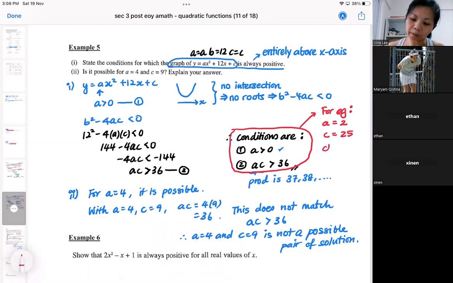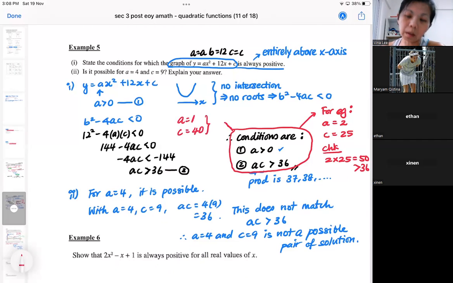And you can do a check. When you multiply, do you really get more than 36? So I can give A equal to 2, I can give C equal to 25. Maybe somebody else will say, I'm going to choose A equal to 1, C will be 40.